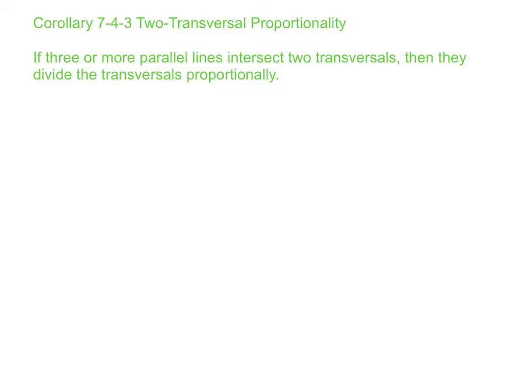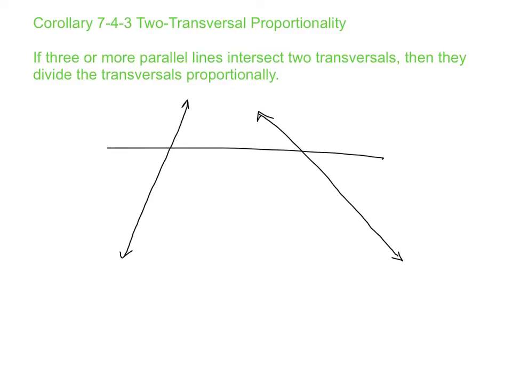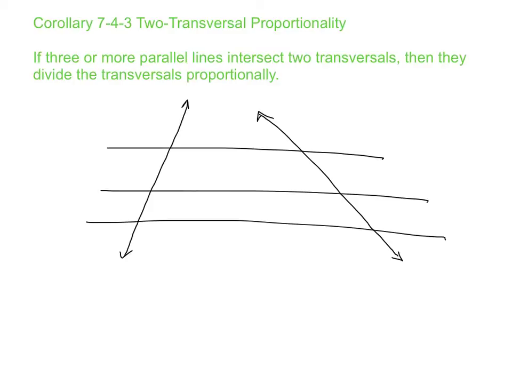So what that means is that we need two transversals, meaning just any two lines. Let's just draw one here, and let's draw one, I don't know, here. So we have our two transversals. Now it tells us that we want three or more parallel lines. So we'll just go ahead and draw three, just parallel horizontal lines. 1, 2, 3.